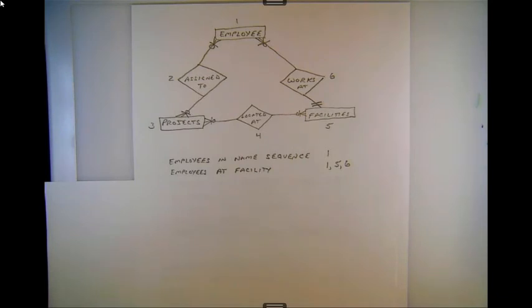So now, my build is 1, 5, and 6, because those are the 2 requirements I need to satisfy. The rest exists, the projects is out there. It exists in the landscape. The other relationships, the assigned to and located at, exist. I don't need them.